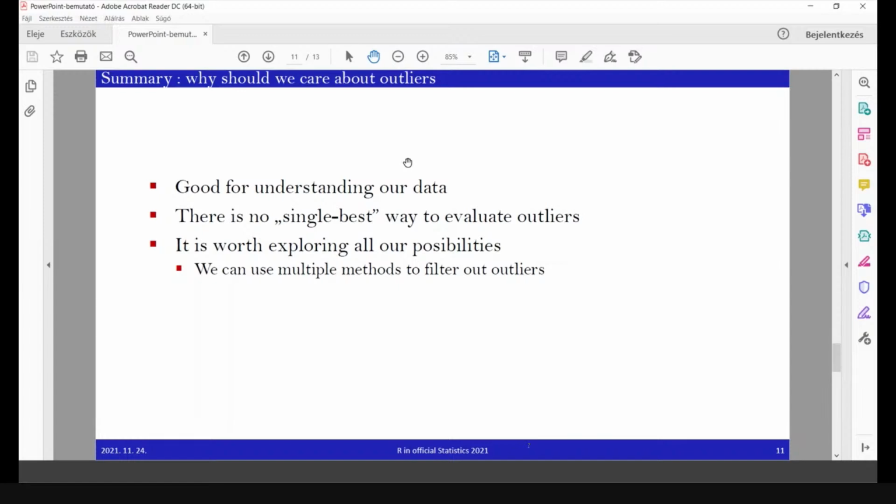And if, for example, 3 of those methods marked an observation as an outlier, then they treated it as an outlier, omitted it from the database, and went on with the analysis without it.